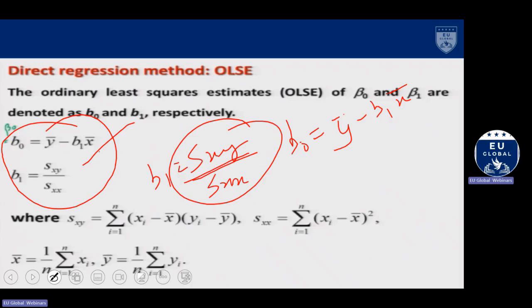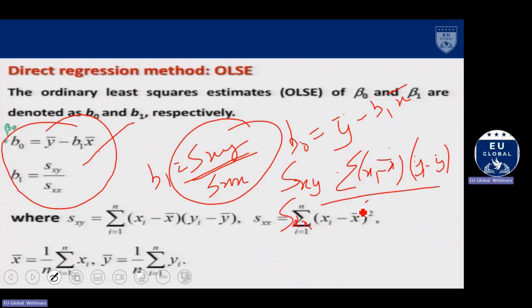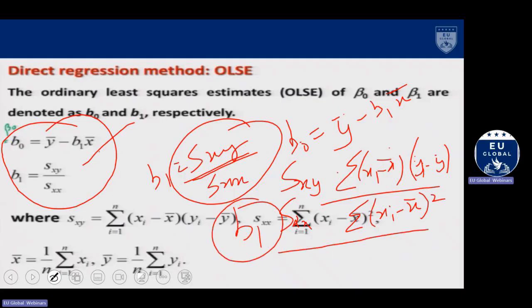What is Sxy? Sxy is equal to summation of xi minus x bar times yi minus y bar, and Sxx is equal to summation of xi minus x bar whole square. So this is the value of b1. With the help of the ordinary least square method, we have calculated the values of b naught and b1.